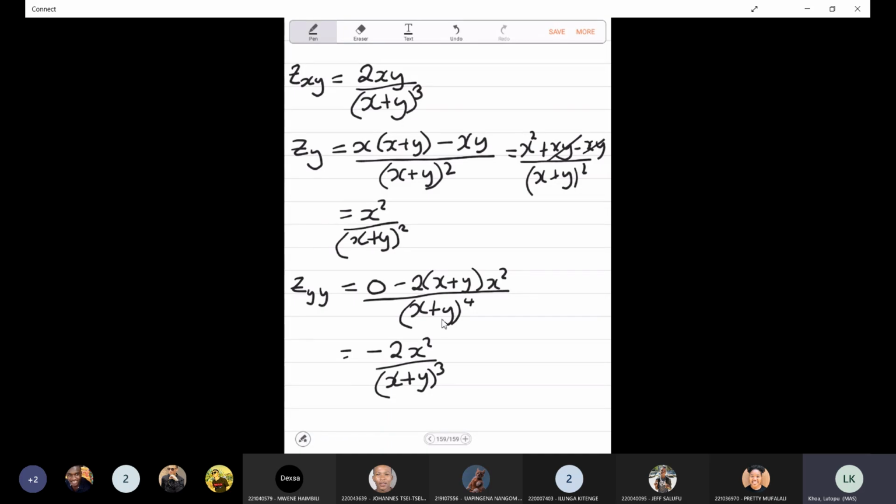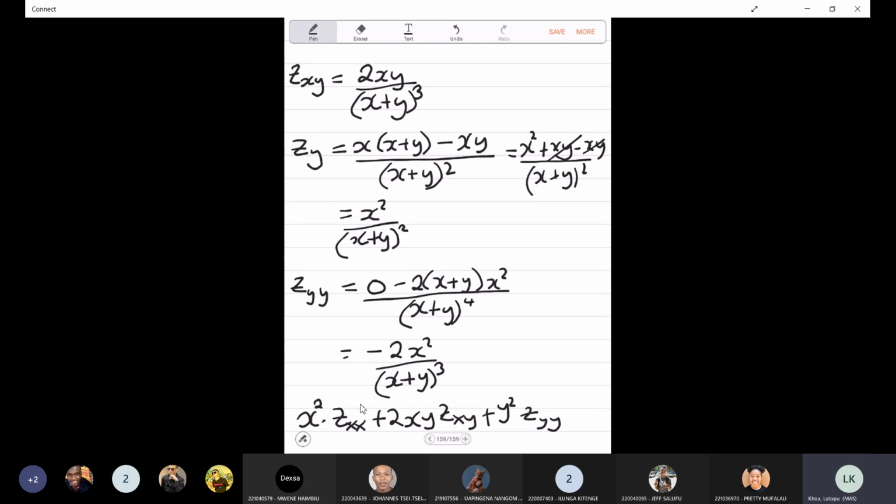Now I have everything I need to substitute into the expression I was told to substitute in. This was x squared times zxx plus 2xy times zxy plus y squared times zyy.